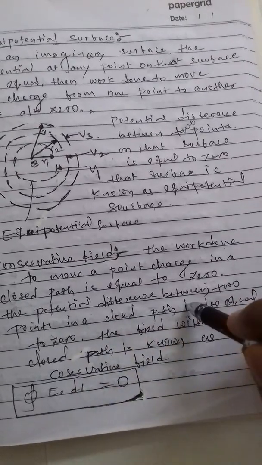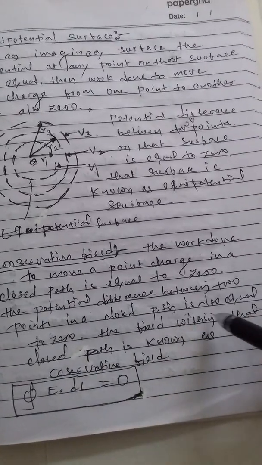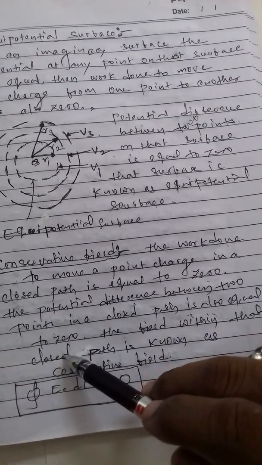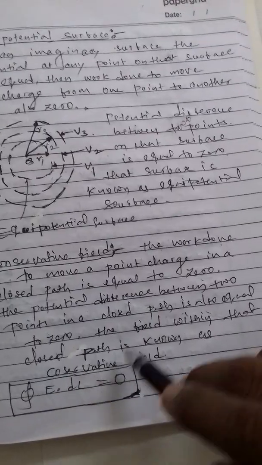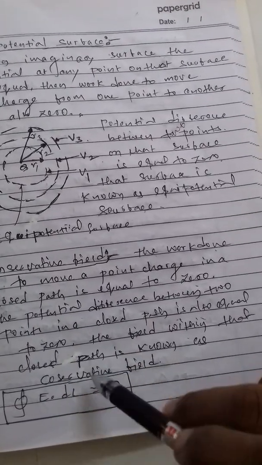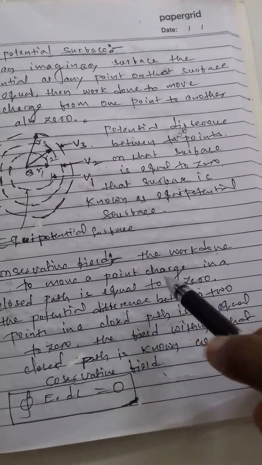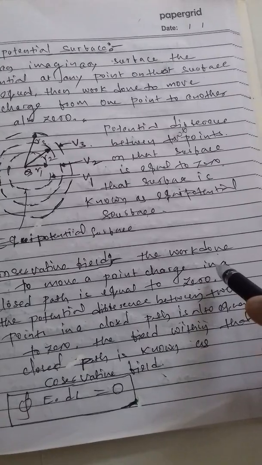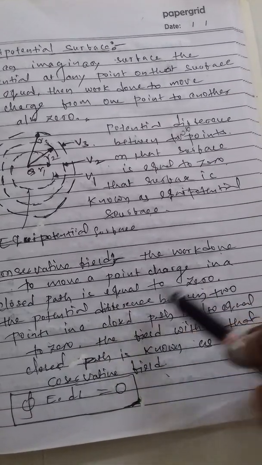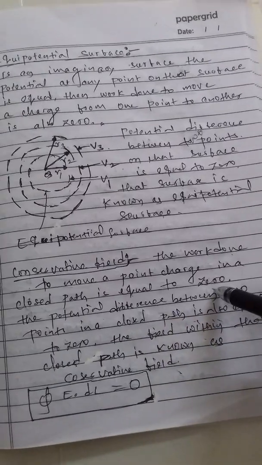The field within that closed path is known as the conservative field, because the work done to move a point charge in a closed path is equal to 0.